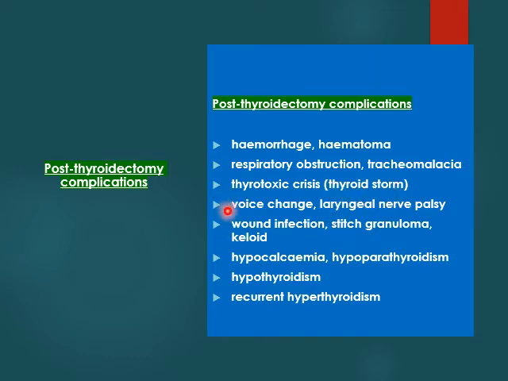Voice change due to recurrent laryngeal nerve palsy, wound infection, stitch granuloma, keloid, which becomes a cosmetic problem, hypocalcemia due to hypoparathyroidism, and hypothyroidism in cases of total thyroidectomy. And another important condition is recurrent hyperthyroidism, especially in patients where you do subtotal thyroidectomy. There is a small incidence of recurrent hyperthyroidism.